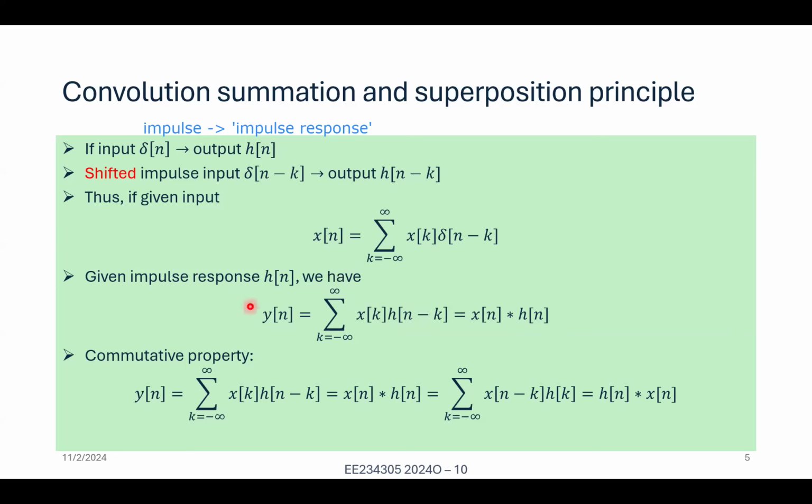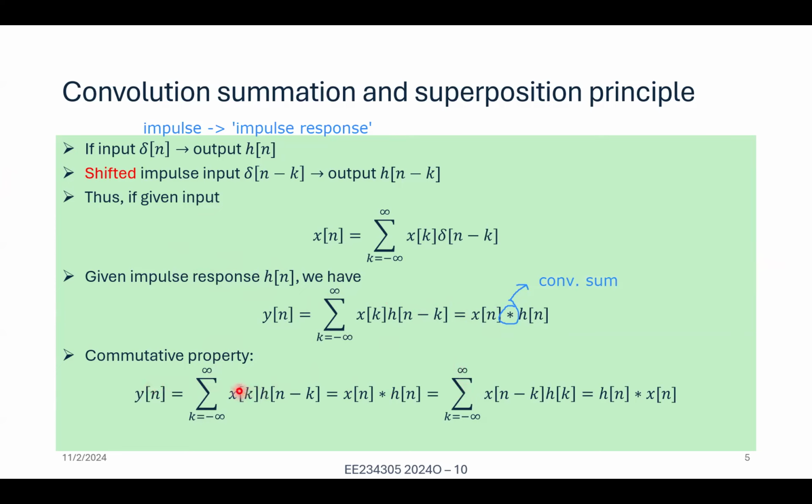So this is from the principle of the convolution summation, and this is the convolution summation, x[n] star h[n]. Then we have the commutative property, which is the same as what we have in the convolution integral.